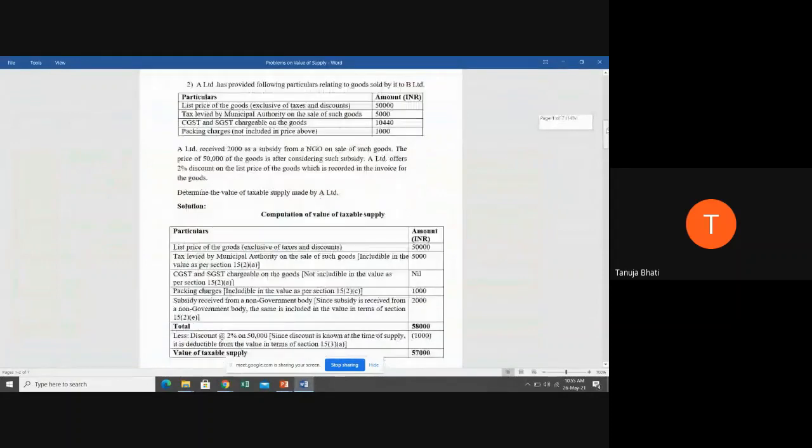We have to just put it in the form, in the answer. So solution, computation of value of taxable supply. List price of the goods we have written as 50,000. To this 50,000 you have added tax levied by municipal authority on the sale of such goods, that is 5,000, which is as per section 15 subsection 2 clause A. Next, CGST, SGST chargeable on the goods not includable in the value as per section 15 subsection 2 clause A, so it is nil.